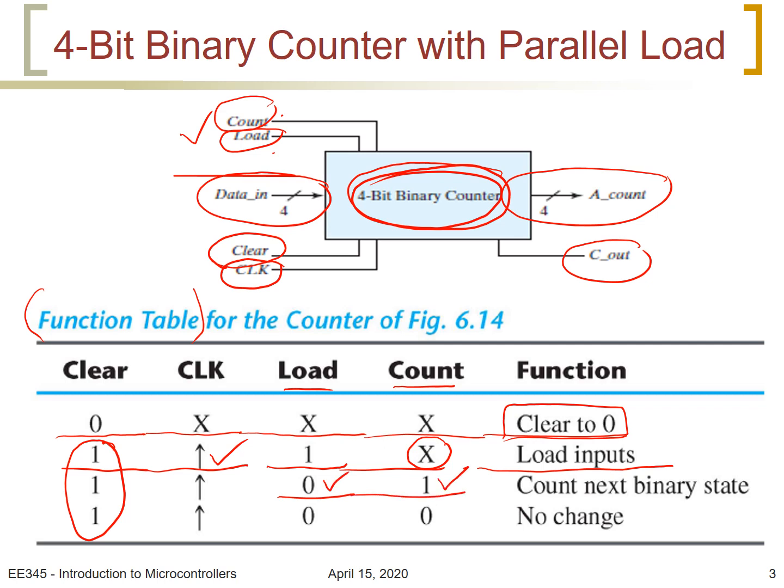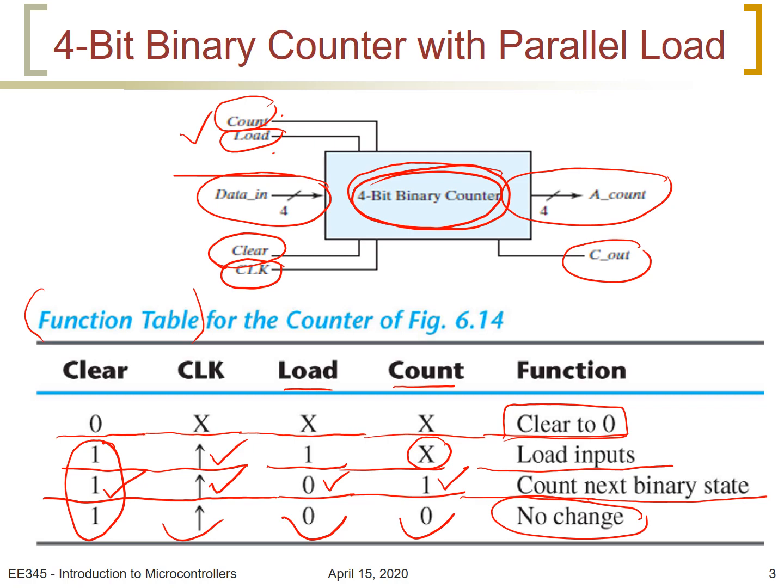And when this is the case, and of course clear is 1, the counter will count to the next binary state when the clock goes from 0 to 1 at the rising edge. And finally, if load is 0 and count is 0, the counter will have no change. It will neither count nor load at the clock pulse. It will keep its state as it is.